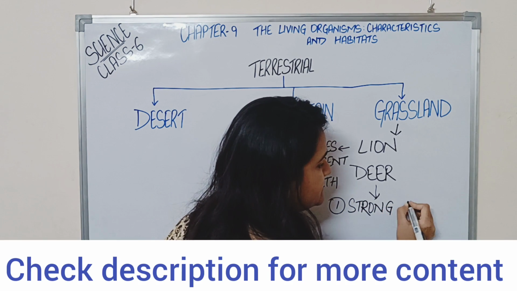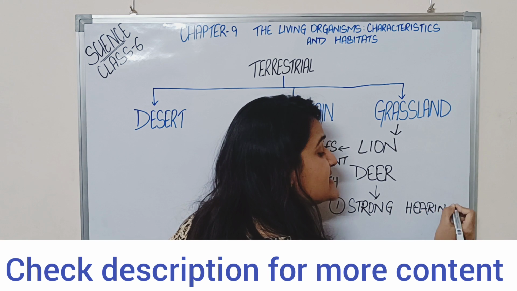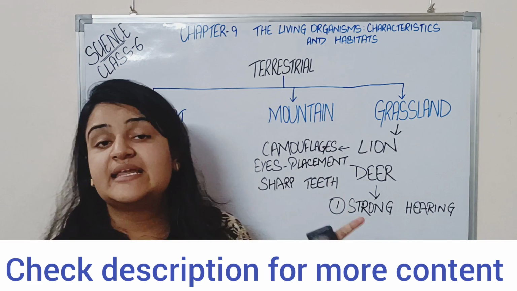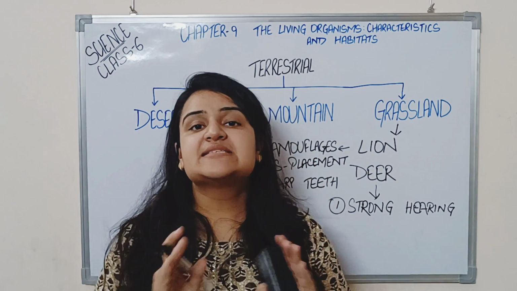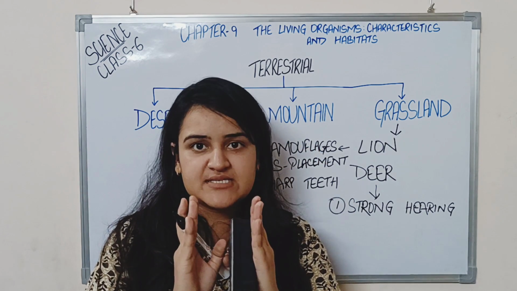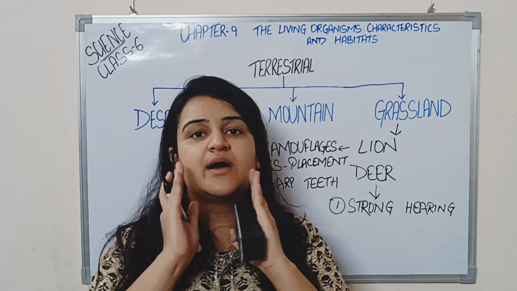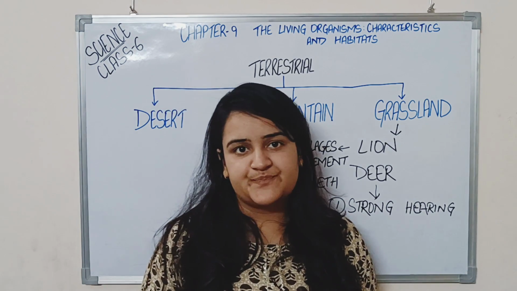Next is the eyes. Now, like lion has both eyes at the front of the face, deer has eyes on both sides. The deer has a very slim face and the eyes are present, one on the right side and the other on the left side. What is the purpose of this?